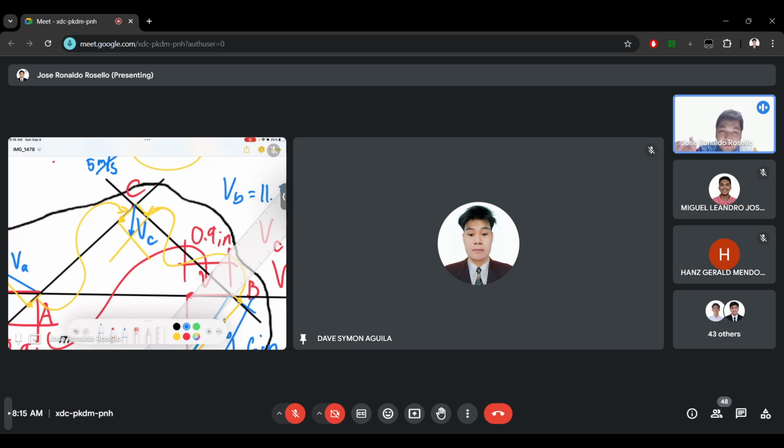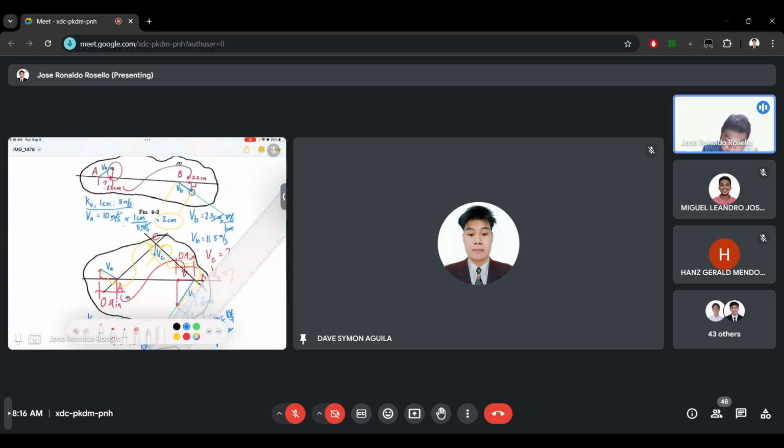So these perpendicular lines will intersect at one point, and their intersection will be the end of velocity C. And this is velocity C.